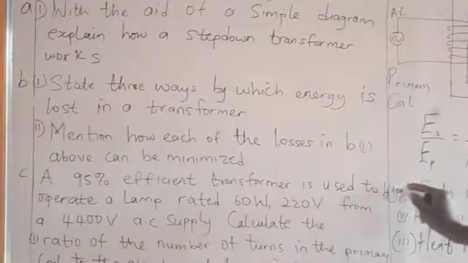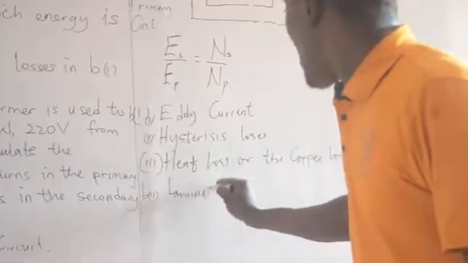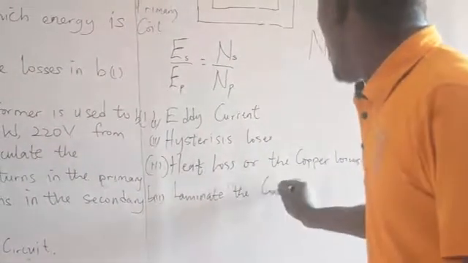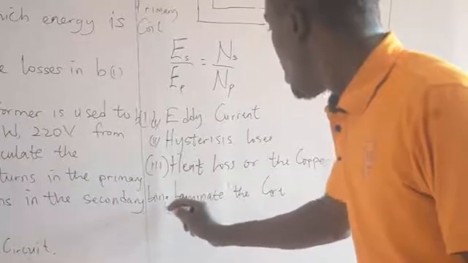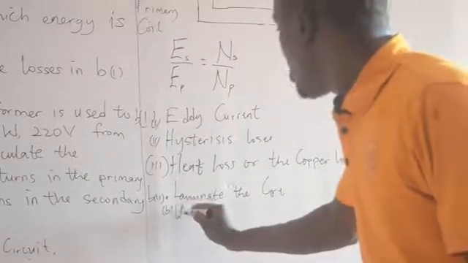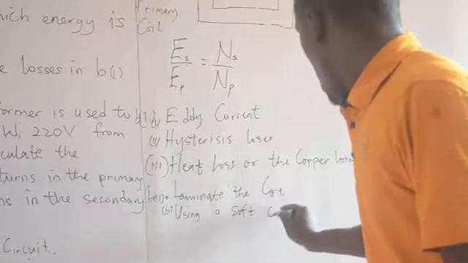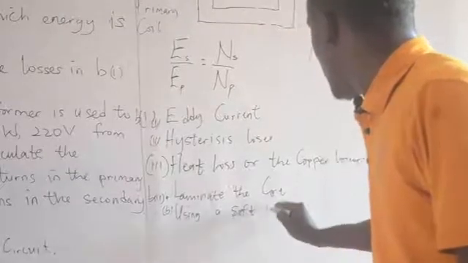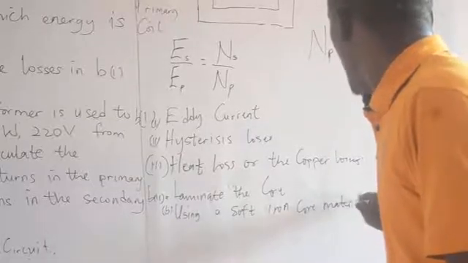So if you are to answer Roman figure 2, this one is for B1, and then for B2, because you'll be given spaces, eddy current loss is either you laminate the core or you cut them into slots, then the hysteresis losses, using a soft core or the soft iron core material.